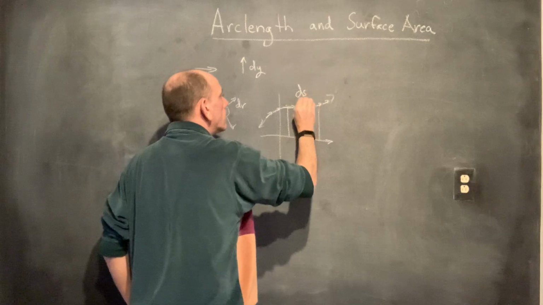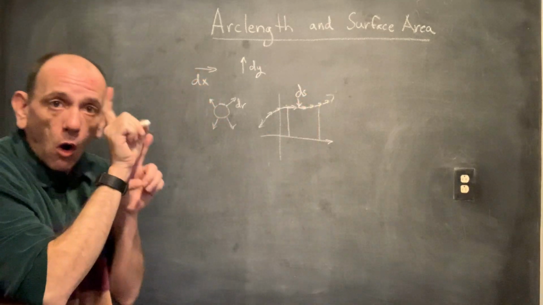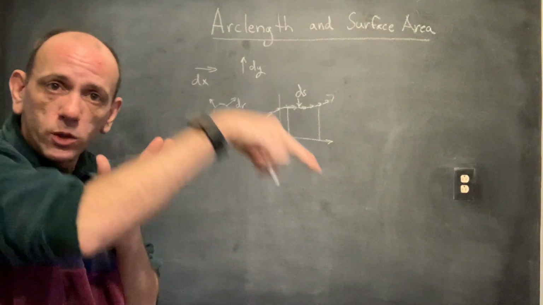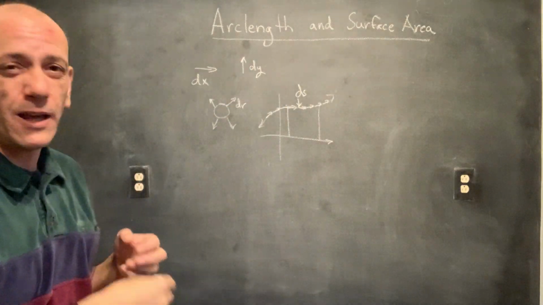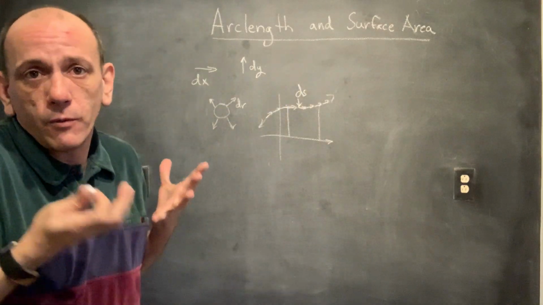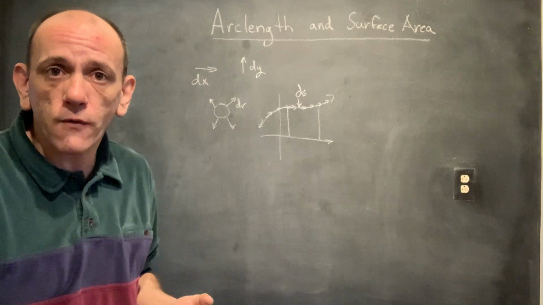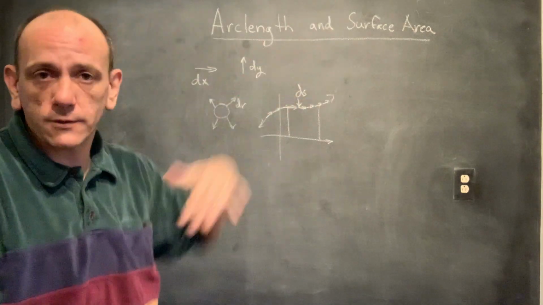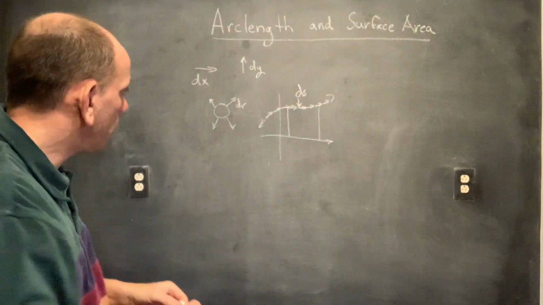That's this little arrow. All those little arrows are walking right along with the curve. And ds, usually I read that as with respect to the surface. So in this case, it's one-dimensional, it's a curve.